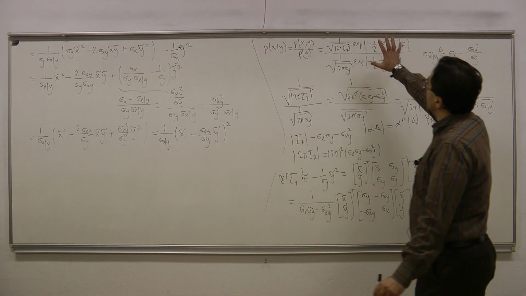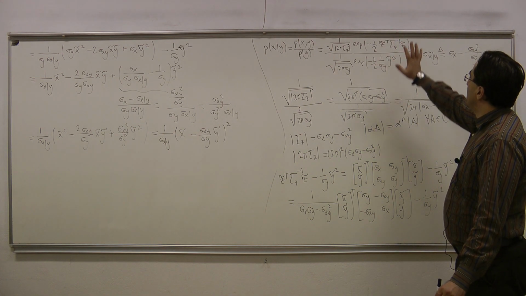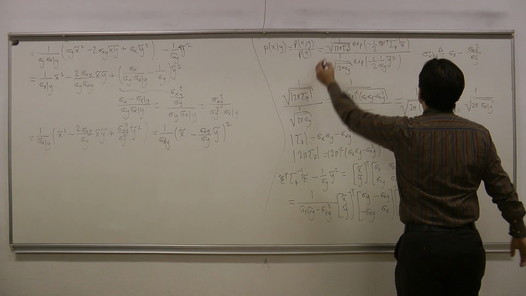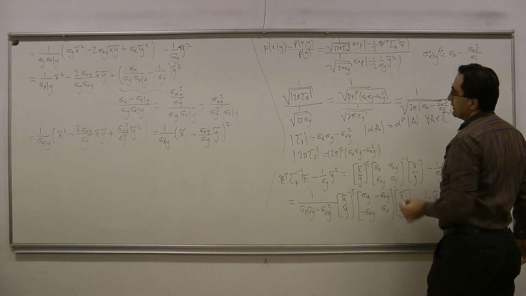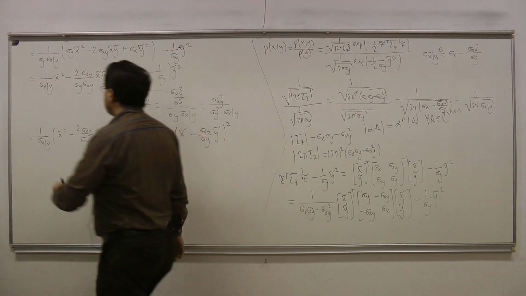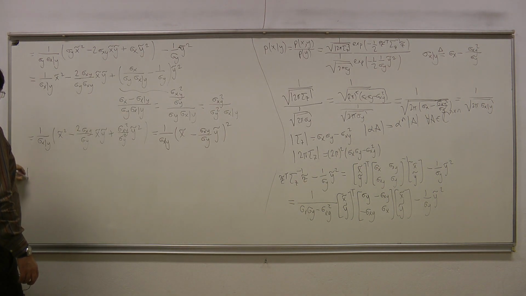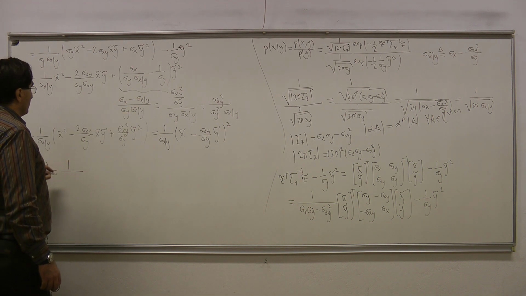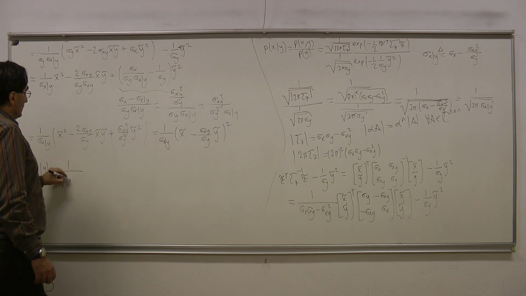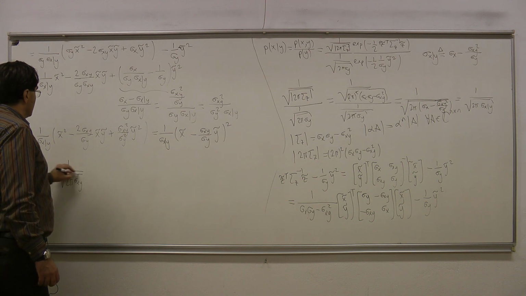So now I'm going to go back to this formula and we'll substitute this ratio here, and then we'll substitute this exponential term here. So P of x given y here is equal to that ratio here. The coefficient ratio is 1 over 2 pi sigma x given y.